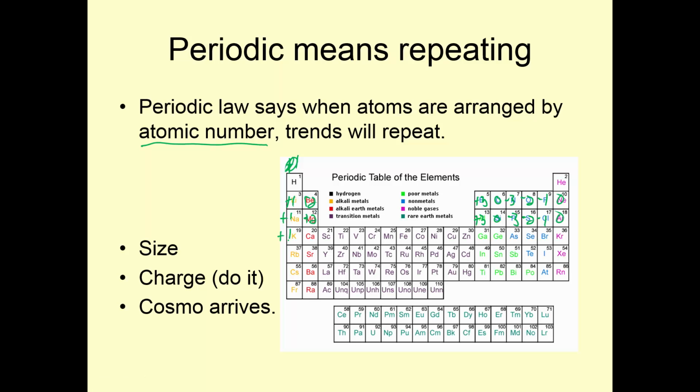Hey, there's a pattern. +1, +2, skip, skip, skip, +3, 0, -3, -2, -1, 0. So I can label this as +1, +2, +3, 0, -3, -2, -1, 0. And that's the charge trend. See how it repeats?